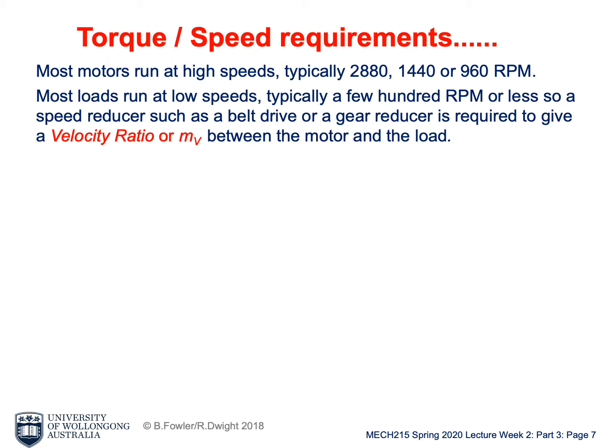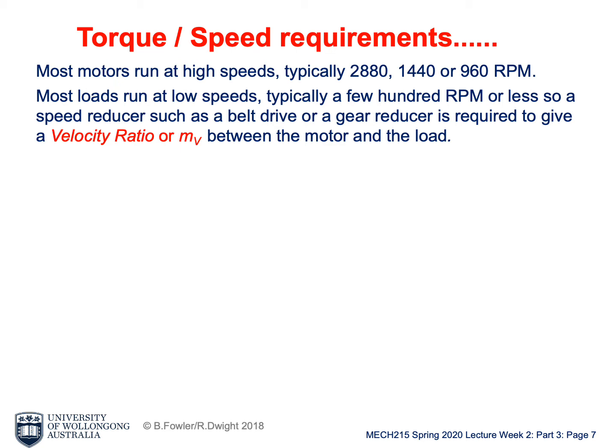Most loads, however, are running at low speed. Like you can't have a conveyor running super fast. Normally those industrial environment things are moving much slower than the motor speed. That's why we have to design a gearbox in the first place to reduce the speed. And the ratio of the motor speed to the output speed is called the velocity ratio.